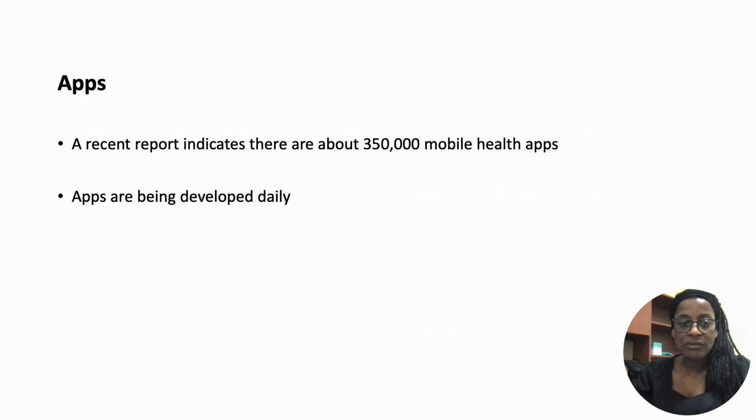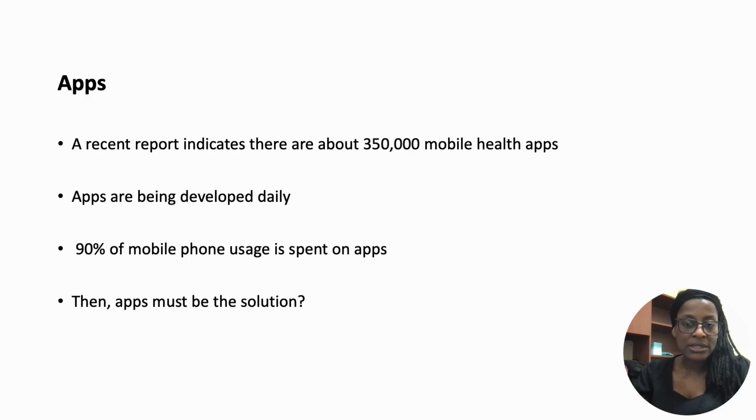Hence the reason that another type of technology that has been recommended as part of public health intervention is apps, right? The use of apps is pretty prevalent among the US population and also globally. Behavioral health related apps are being developed almost daily.